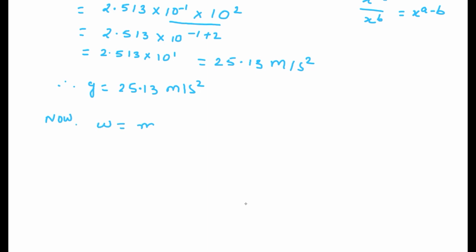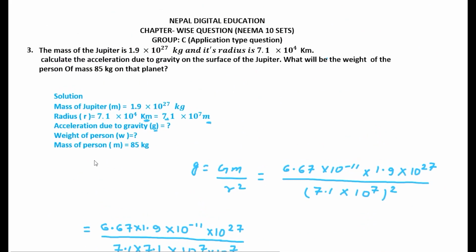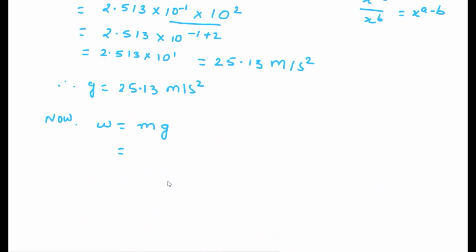So we know that weight equal to mg, and the mass is given. Mass is 85 and we have to find the weight of the person. So mass is 85 and g is 25.13. So multiply it.